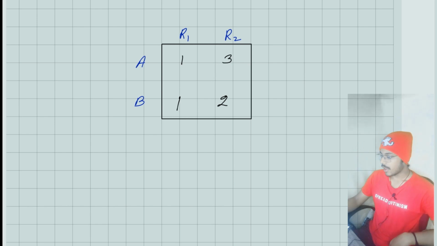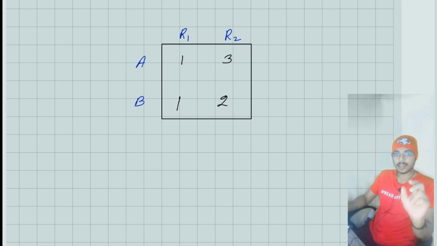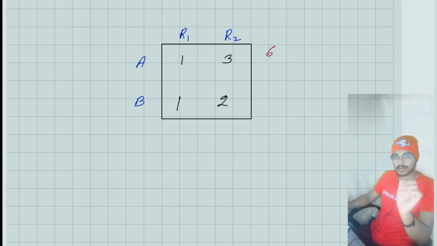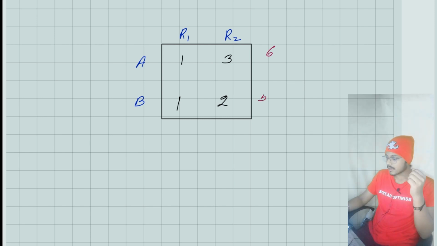And what is the profit of selling product A? Profit is rupees 6, so we will write here 6, and to sell B, the profit that comes from product B is rupees 5, isn't it?